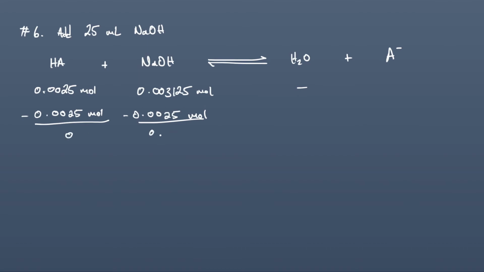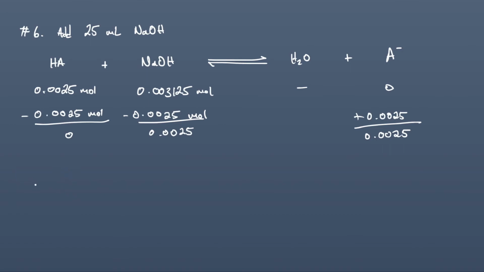Here we get 0.0025, and then here we get 0.0025. A lot of redundancy here, but I really want to go through a full-on example problem in pH.